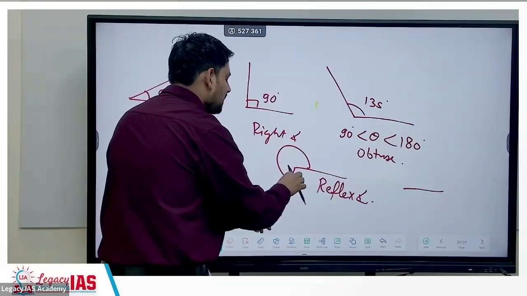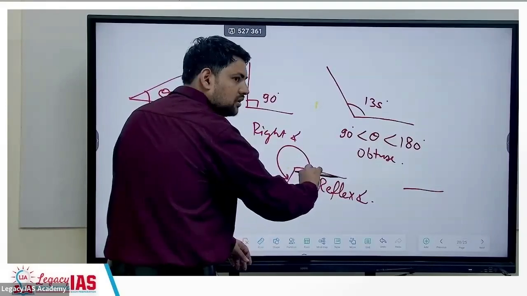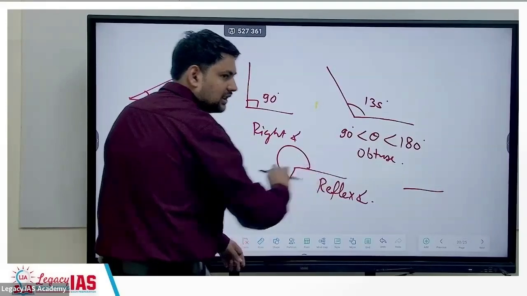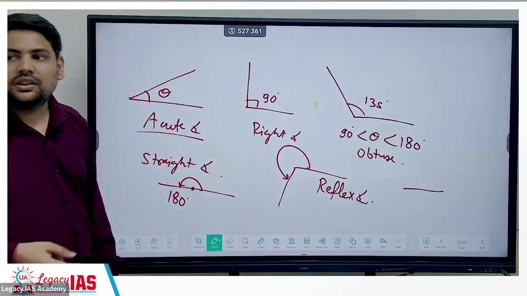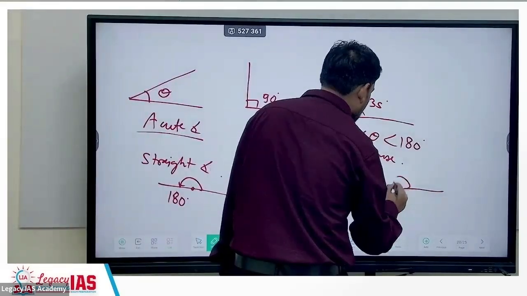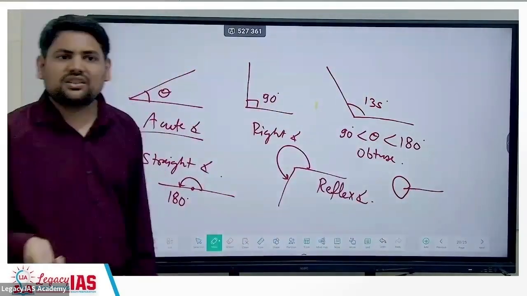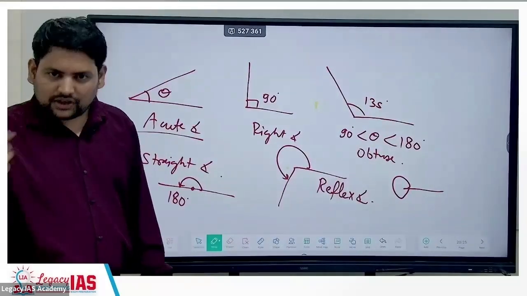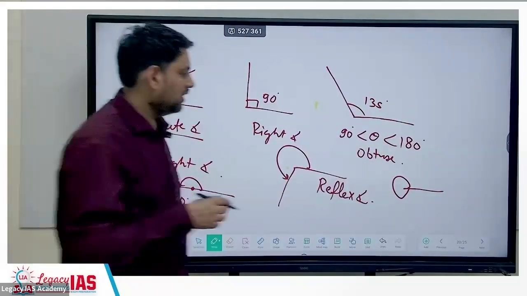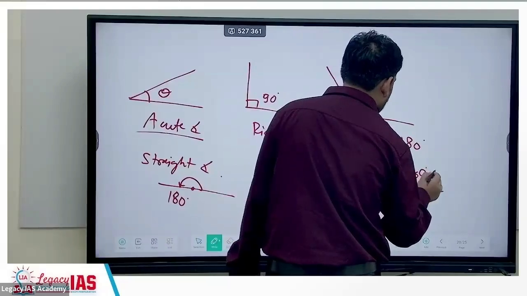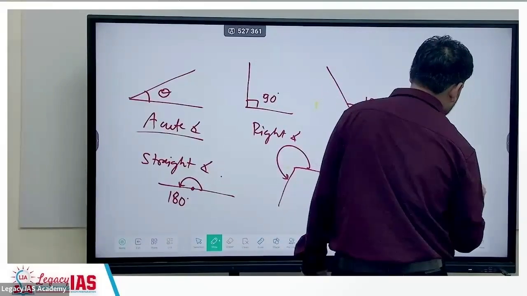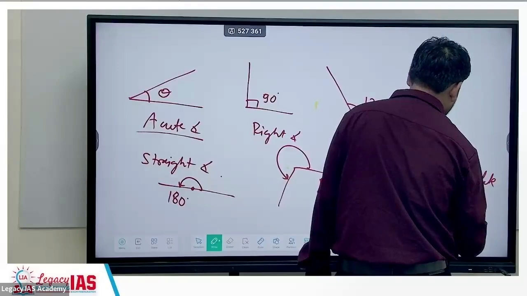Now if I keep on rotating it, at some point I'll coincide with the base line, and that becomes 360-degree or complete angle. Also, it can be called zero, because eventually you have come back to the same point. So this is 360-degree or zero and called complete angle.